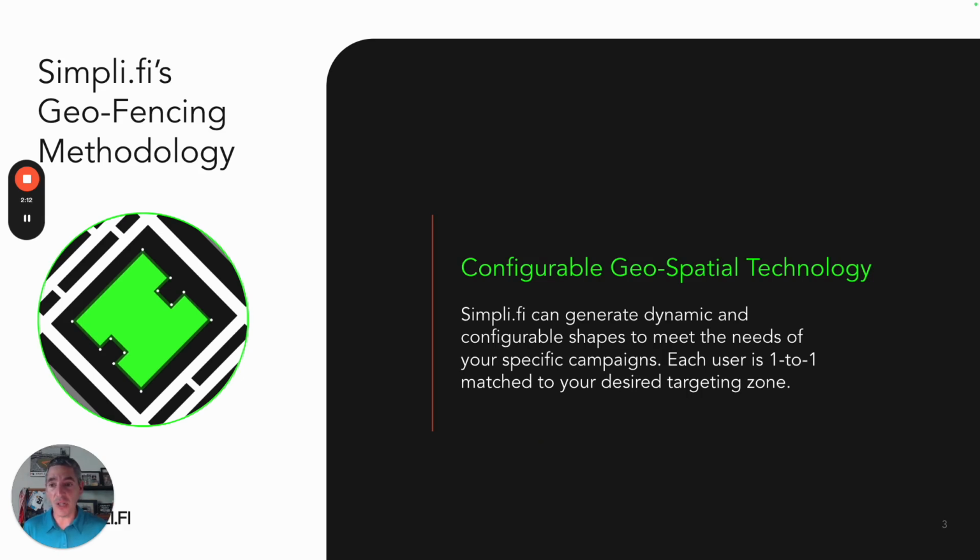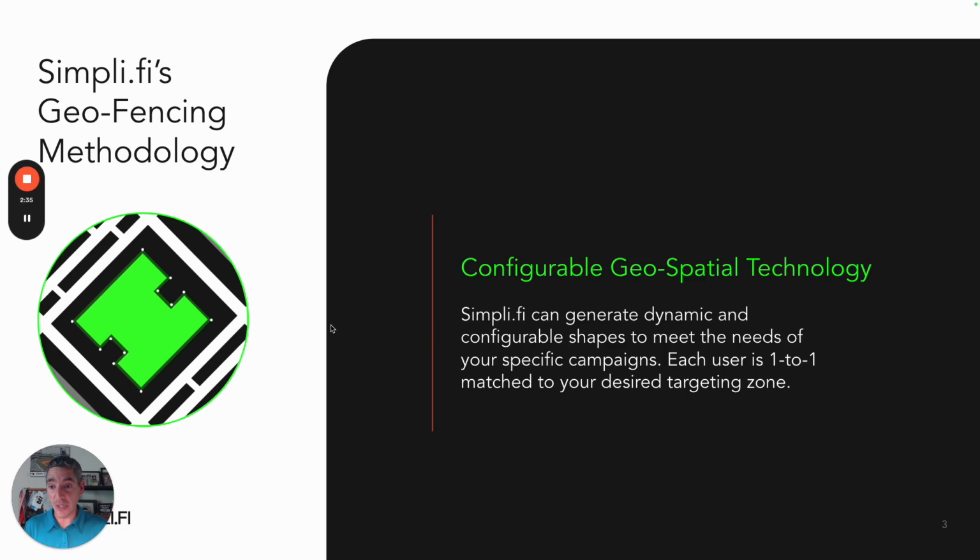The methodology that we have is that we can plot a target zone around any type of business or any type of location. The ability to do that is why people come to Simplifi, because it's very specific and exact. We have the technology to make sure that the prerequisite targetable area is actually matching up with where you're placing the ads.